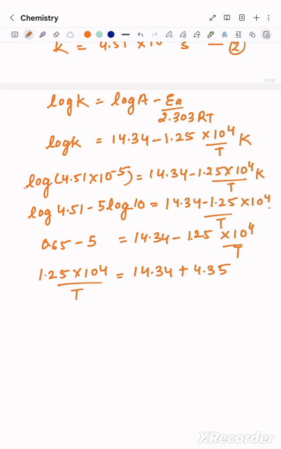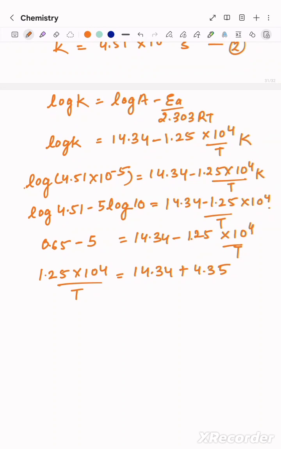Now after solving this will become 4.35. Moving towards right.